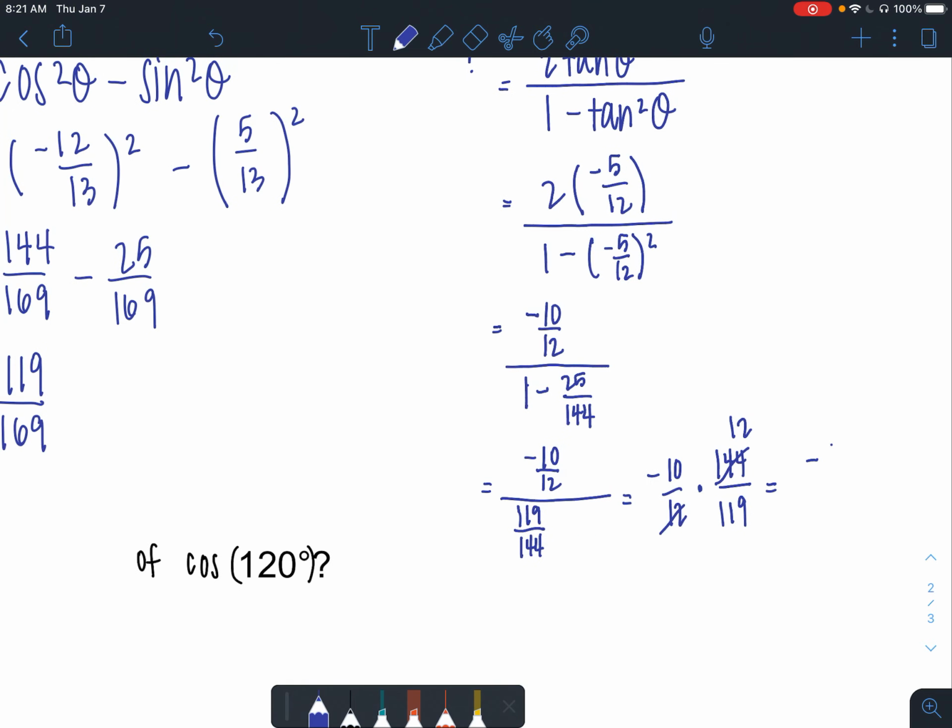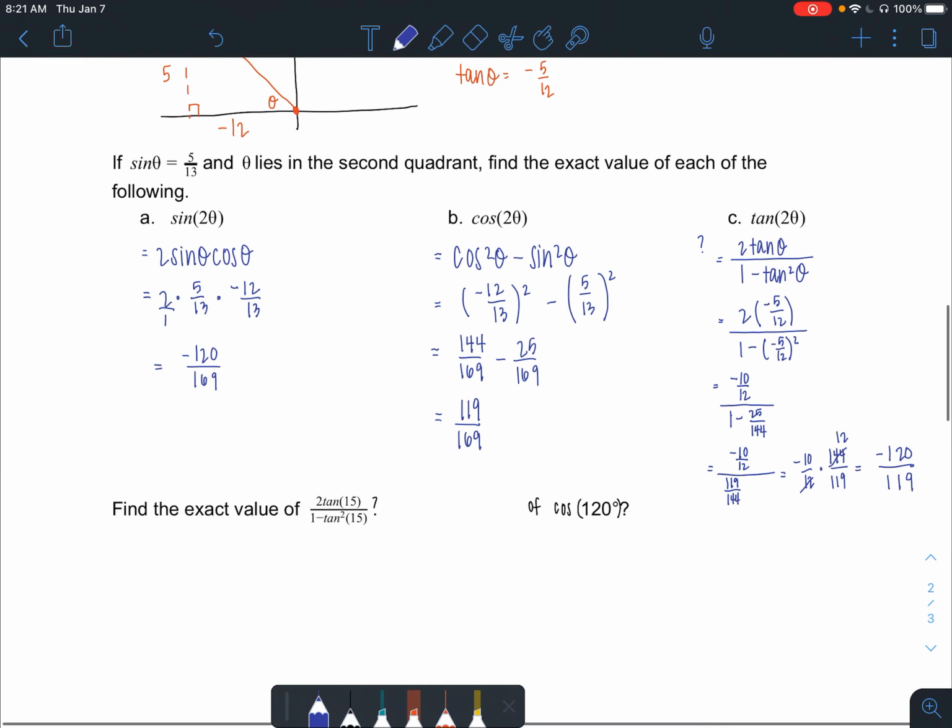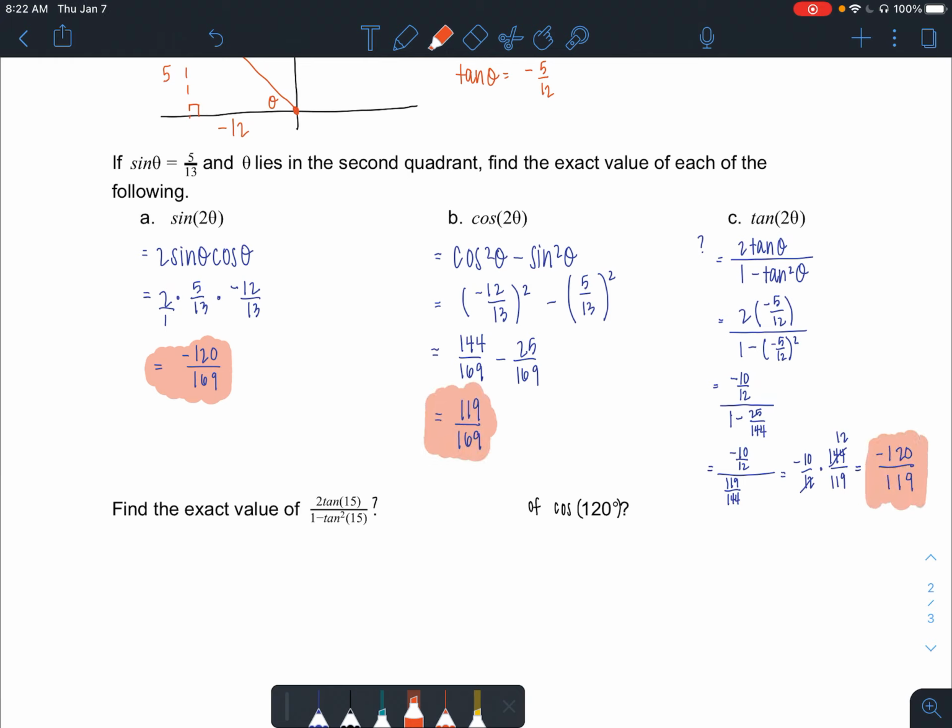And so we get negative 120 over 119. Now, remember that tangent is sine over cosine, so we can check that final answer. And sine is 120 over 169. Cosine is 119 over 169. So then tangent is definitely negative 120 over 119.